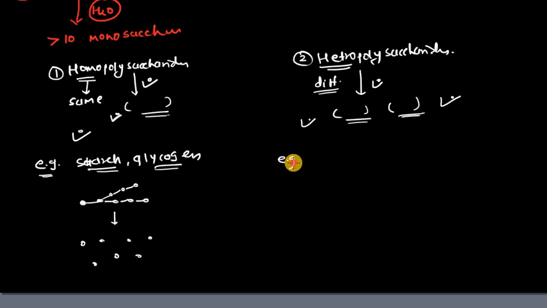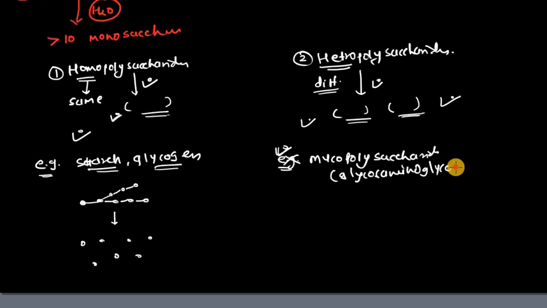The heteropolysaccharide's other name is mucopolysaccharides. This is not an example, simply another name for the heteropolysaccharide, and it is also known as glycosaminoglycans.